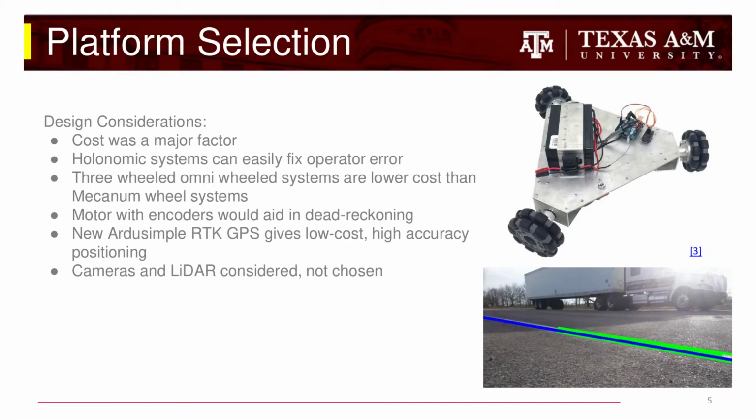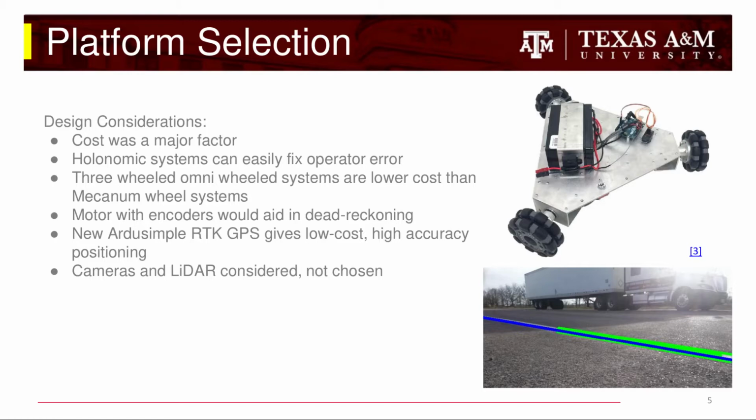If obstacles were detected, the desired path would be easily correctable while remaining within the road lane. To achieve holonomy, we explored the use of 3-wheeled Omni systems and 4-wheeled mecanum systems. Because Omni systems would require one fewer motor, a 3-wheeled Omni system from Superdroid Robotics was selected.